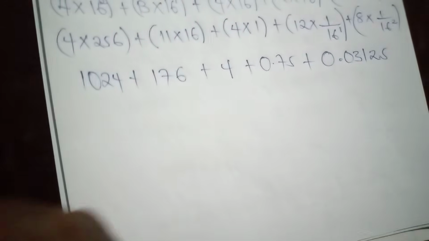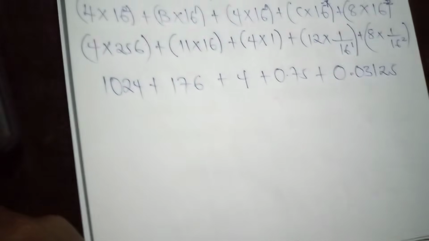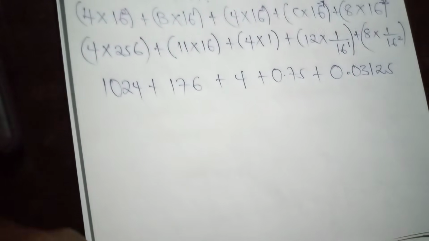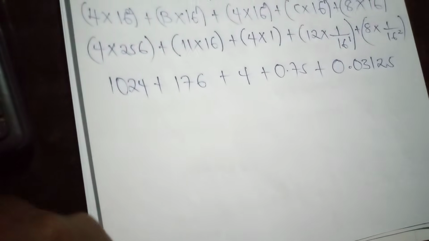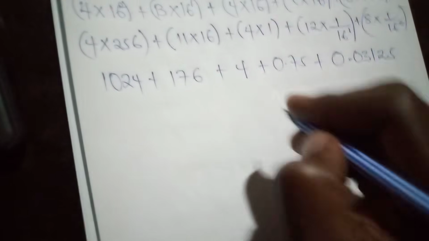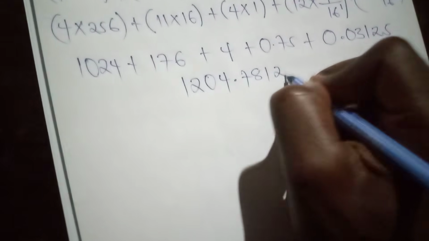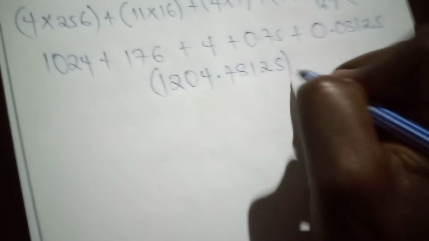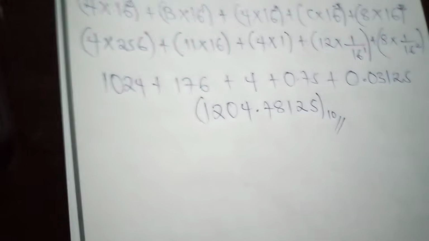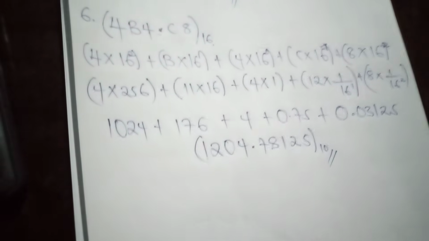So the summation of everything there, 0.75 plus 4 plus 176 plus 1024, I'm getting 1204.78125 as my decimal number in base 10. So that is the final answer. That answer is equivalent to that one. We proceed to the next one.